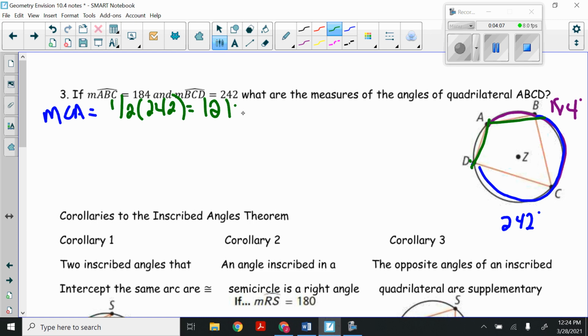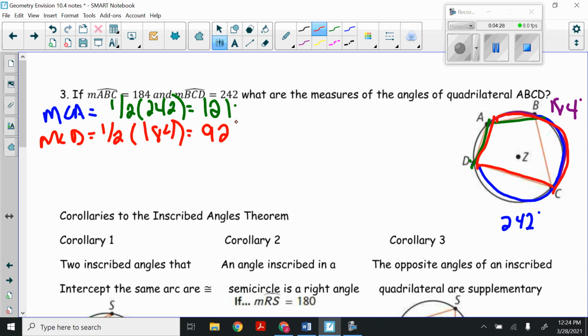So now if I'm looking at angle D, here is this arc ABC. So the measure of angle D is 1/2 of arc ABC, which was 184 degrees. So that is 92 degrees.